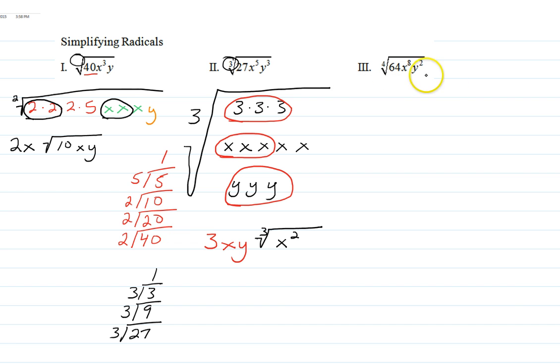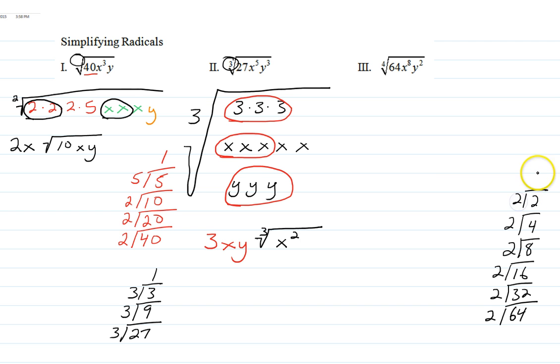All right, now let's do 64. Start with 2. 2 goes into 64 32 times. 2 goes into 32 16 times. Just keep dividing by 2 until we end up with the 1.